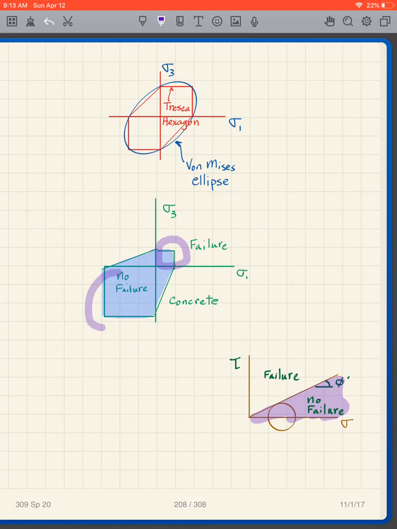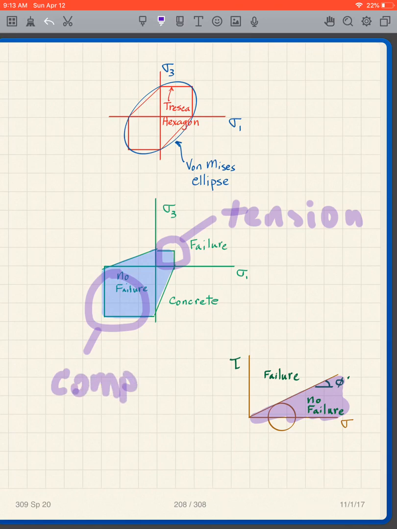It takes a lot of compression. So when I'm over in here in quadrant 1, this is tension. So I have very little for concrete there. Over here in this quadrant, we are showing compression, and there's a lot of compressive capacity for concrete.